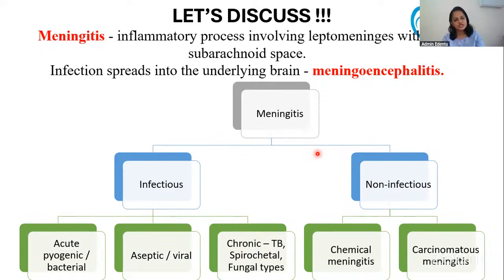If you look at the classification, meningitis can be caused by an infectious cause or a non-infectious cause. The infectious cause is divided into three types. One is the acute pyogenic or bacterial cause. Next is the aseptic or viral cause.